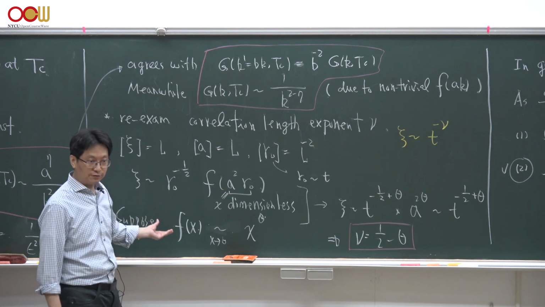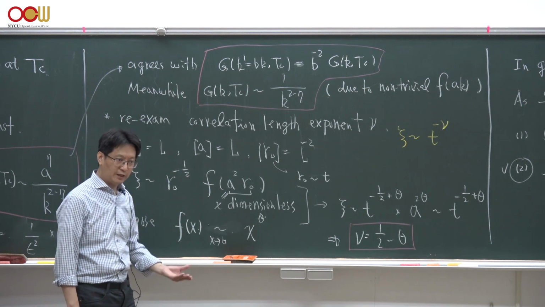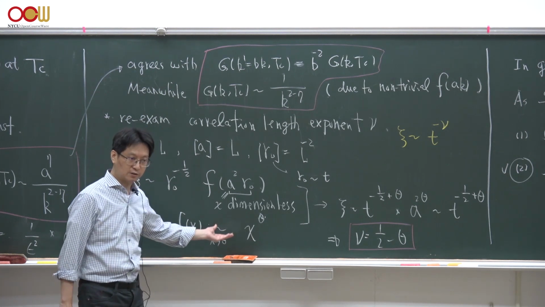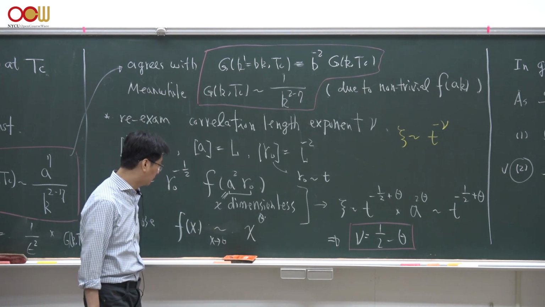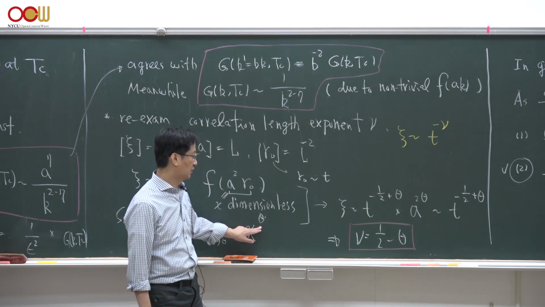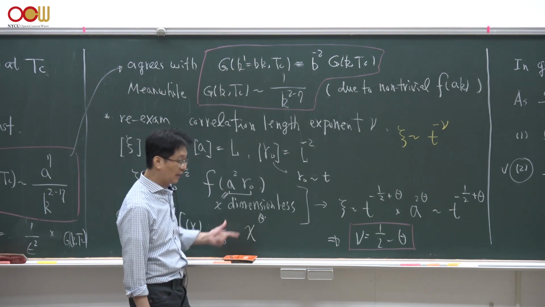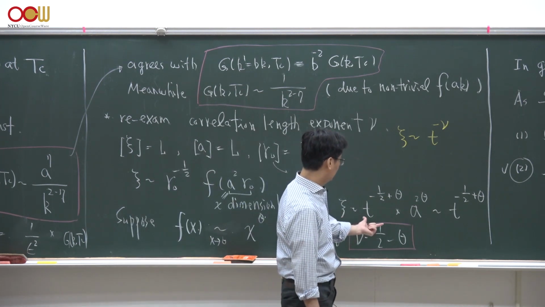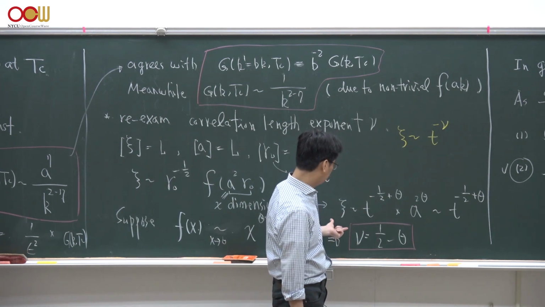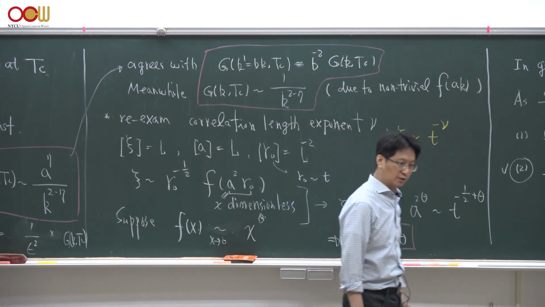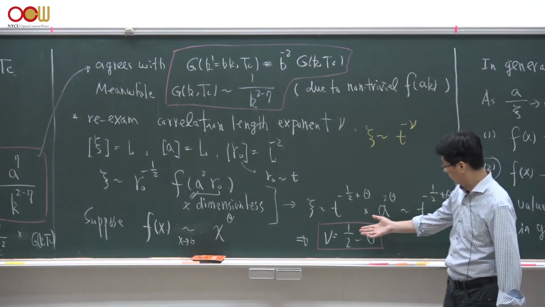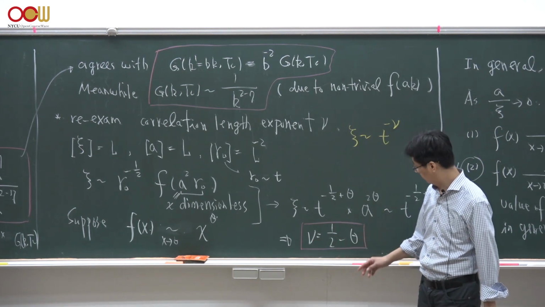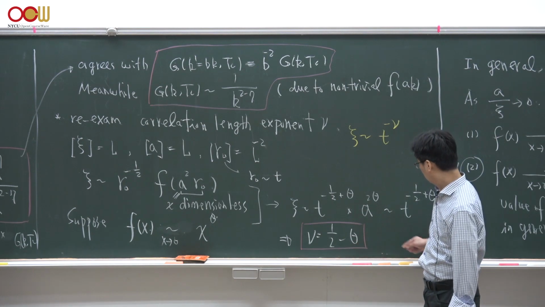Again, the f function, as a function of x, may behave in a highly non-trivial way, and we assume that it has this non-trivial power law exponent, x to the power of theta, near the transition. So you plug in this extra power law, x to the power of theta, and you get the correction of the correlation length exponent nu, or nu revised, which is slightly different from the 1/2 of the mean field prediction, by minus theta.